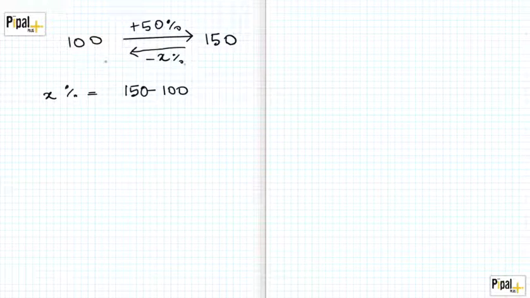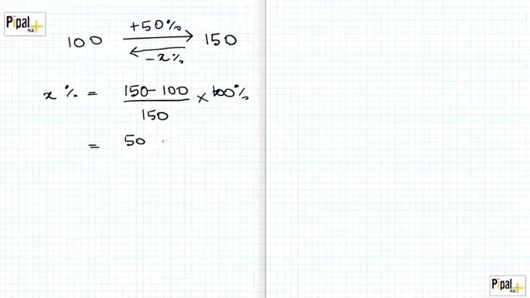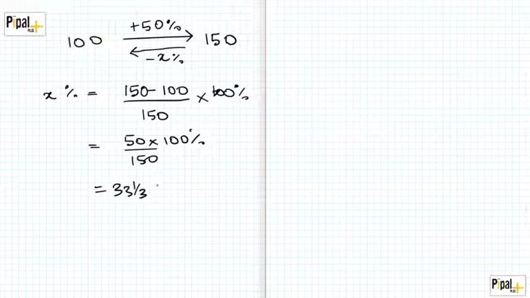This is the difference that I want to come back. However, the new base is 150, and multiply this by 100%. Now this becomes 50 into 100% upon 150, which is equal to 33 1/3%.